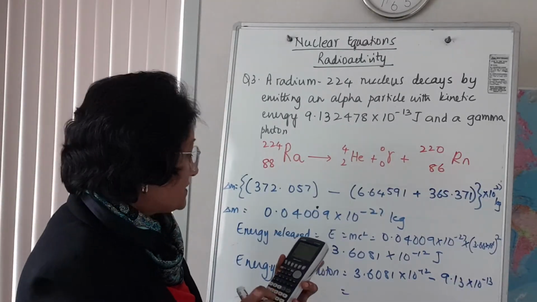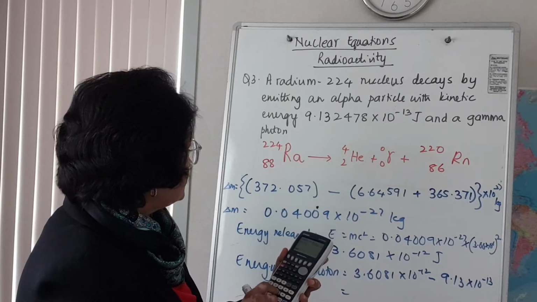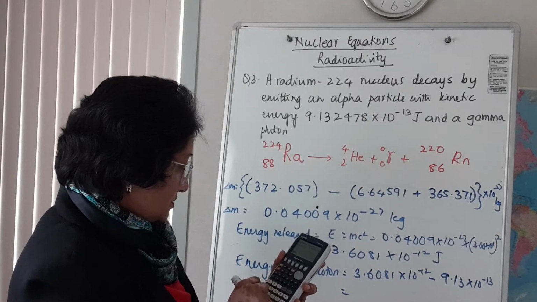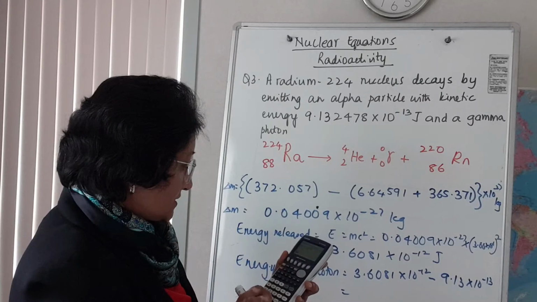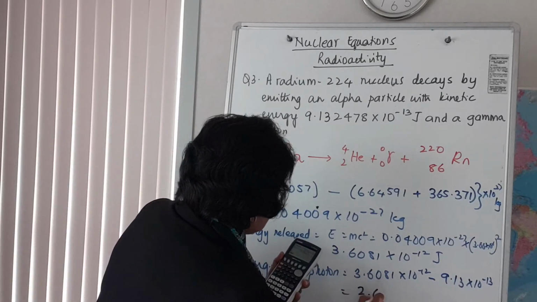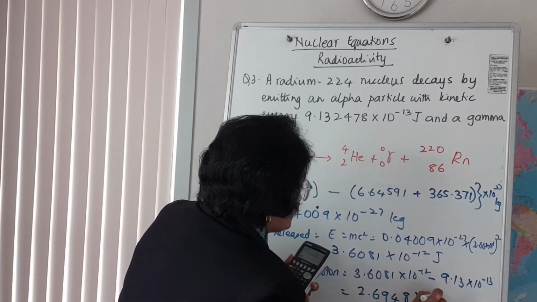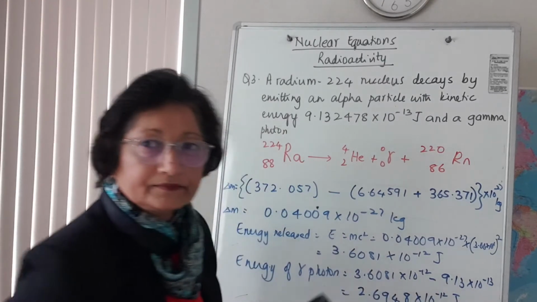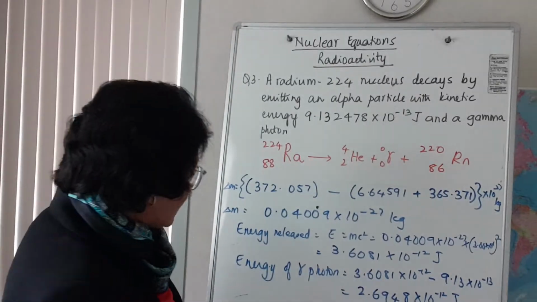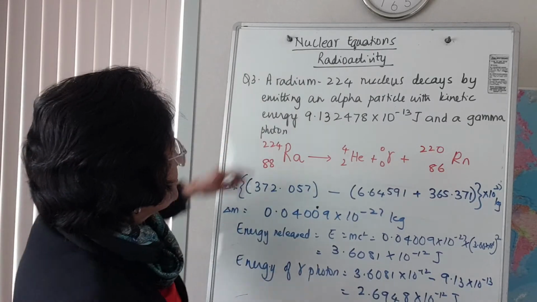So this number minus 9.132478 exponent negative 13, and I end up with 2.69485 times 10 to the power of negative 12 joules. Okay, so that's the energy of the gamma photon. So I'm just going to rub out this bit and I'll do the rest on the top.